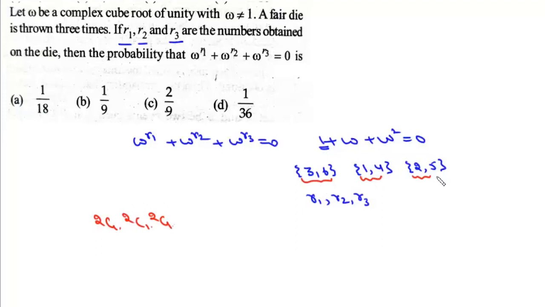Now once we have 3 numbers, they can be distributed in R1, R2 and R3 in factorial 3 ways. So it will be factorial 3 divided by the total number of ways, which is 6 into 6 into 6. Now this factorial 3 will cancel. This probability will be simply 2 by 9, and that's your option C.